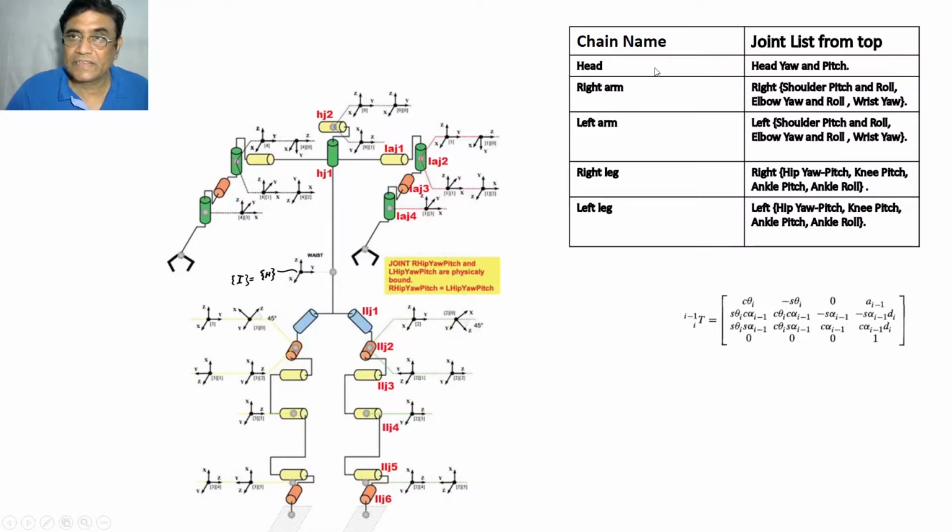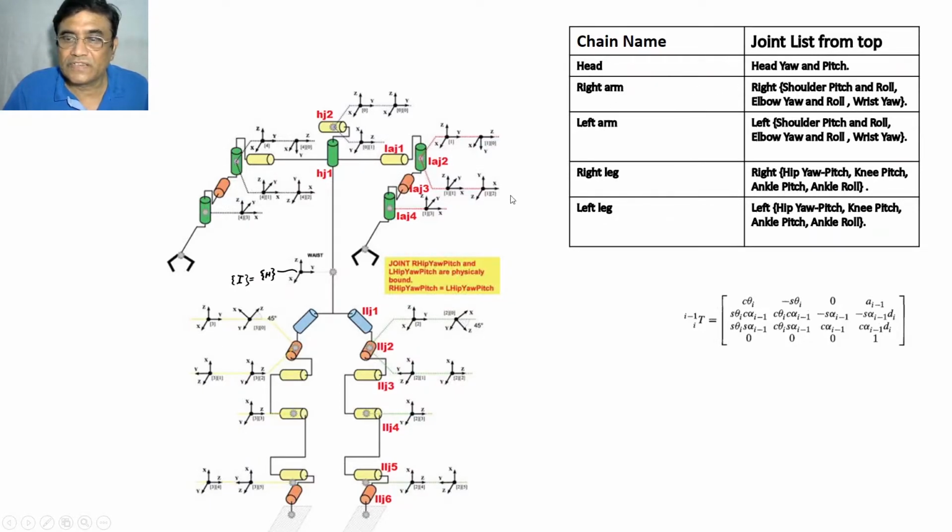So we have segregated head, yaw and pitch, right arm, right shoulder, pitch and roll, elbow, yaw and roll, and wrist, yaw. Yaw, roll and pitch I have also described. These are conventions. Basically these are revolute joints. The left hand is also symmetrical.